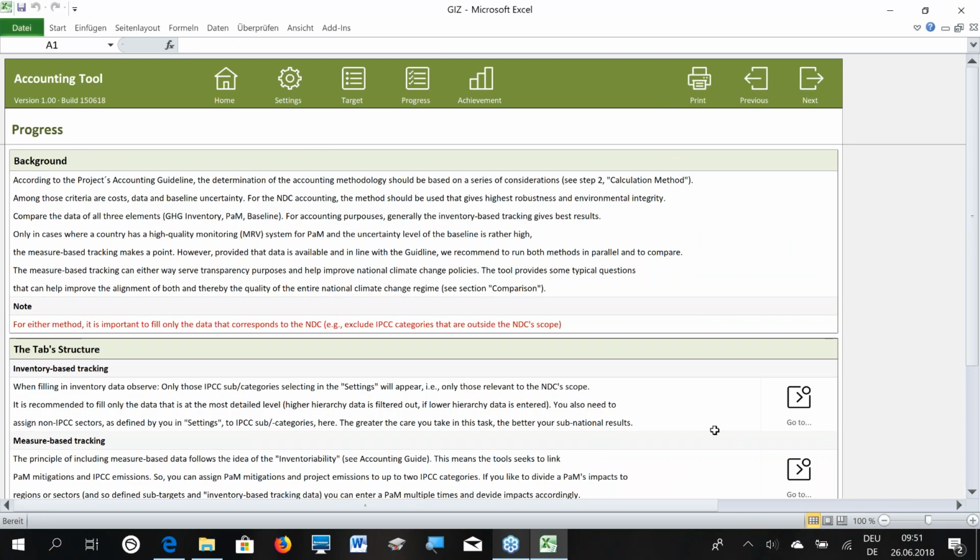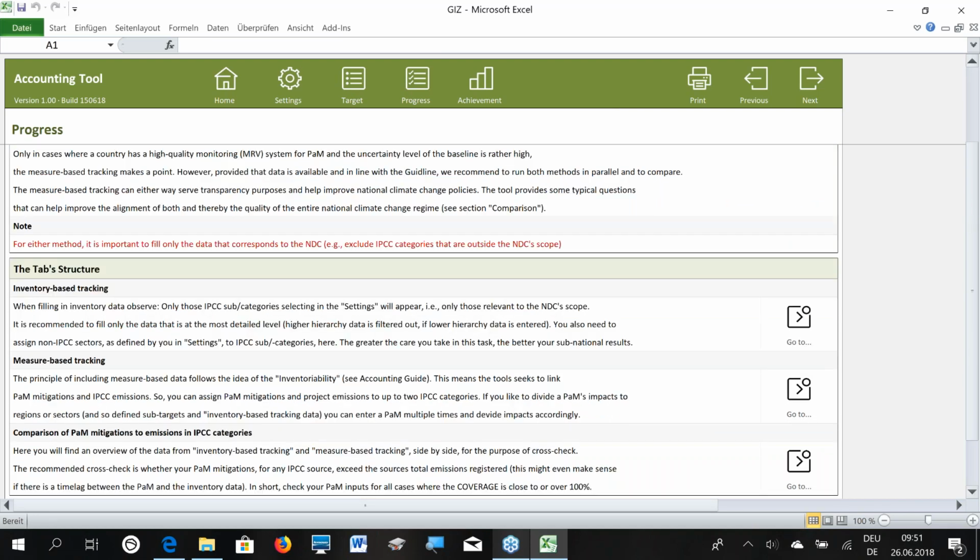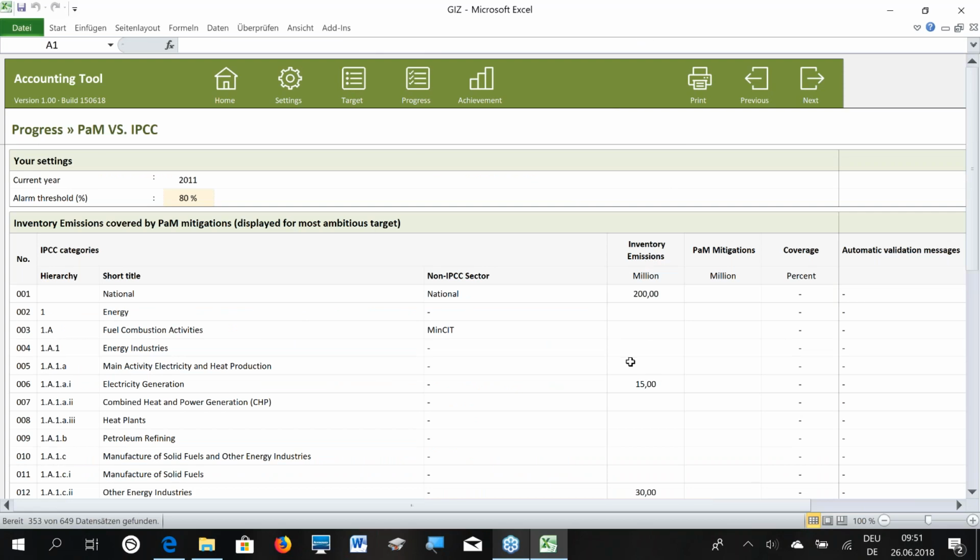Just to show you this part, also the comparison of both instruments. It's a simple solution. It just compares, for all your IPCC categories, your inventory emissions and the reductions from your policies and measures, and would indicate here the percentage of coverage for each of the categories.